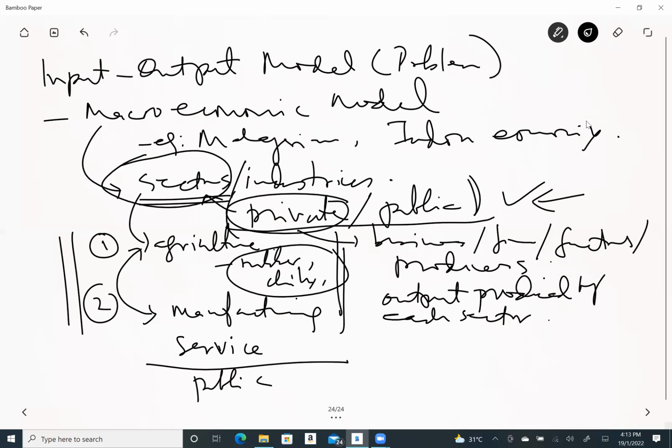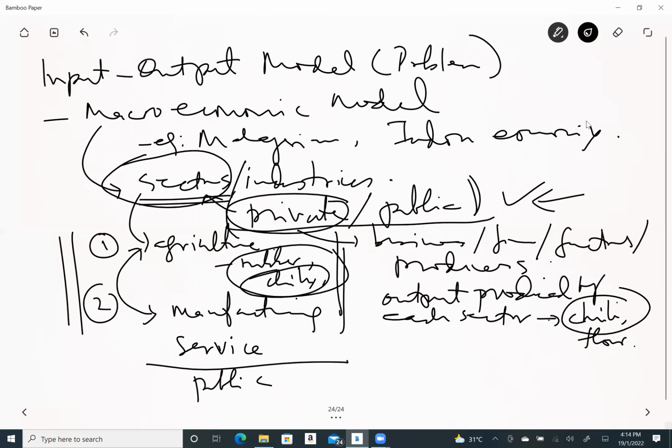Let's say they produce chili, or rice, or flour. Now, if you consider the output produced by the planters of chili, where does this chili go to?